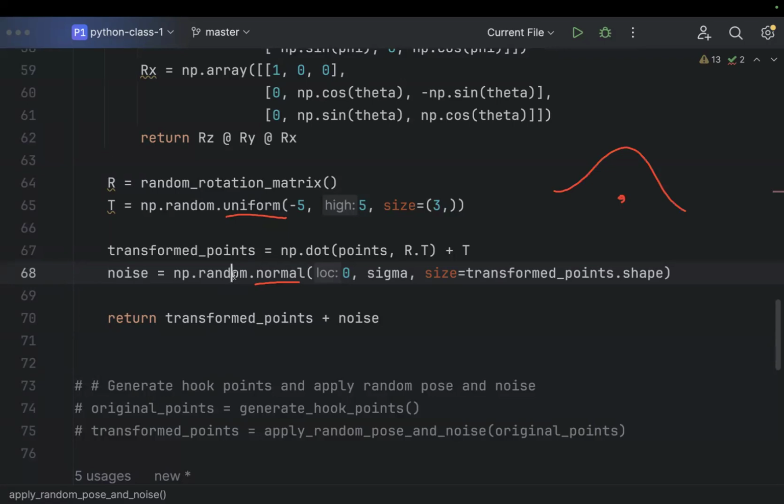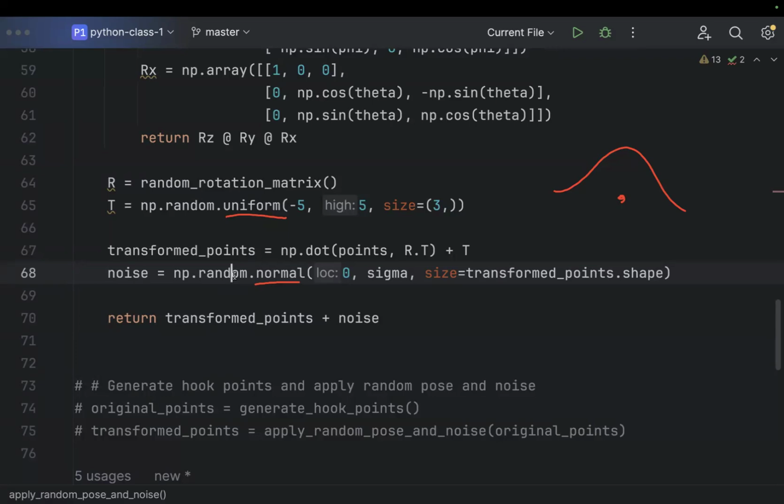The random vector can move me anywhere in a 5 by 5 cube, basically a 10 by 10 cube around where I am. But when I want to add noise to my detection, basically around the point, I don't do a uniform noise, right?